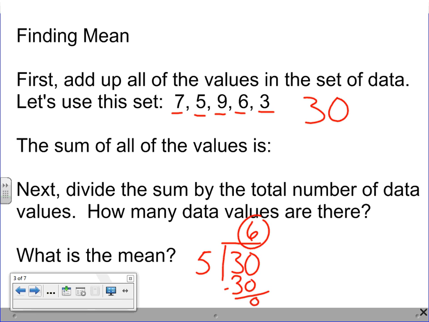Yes, 5 and 3. There's one week that you actually earned exactly $6. What this tells you is that on average, each week you earned about $6. Sometimes it was more, sometimes it was less, but it was usually pretty close to being $6. And that's how you find the mean. Add all the numbers up, divide by how many there are.